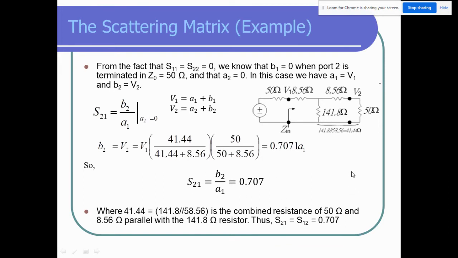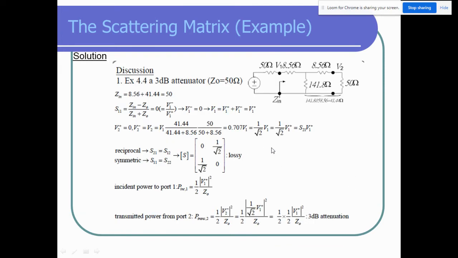So we know now that this is the voltage here. This is the summary of the whole thing. So we get 0, 0, and this is 1 over root 2, which means 0.707. So that's how we find it out.